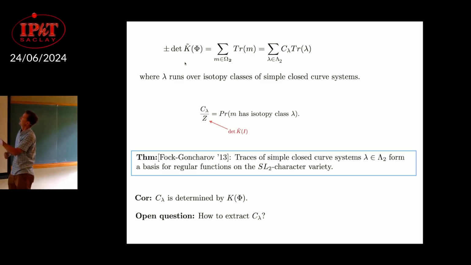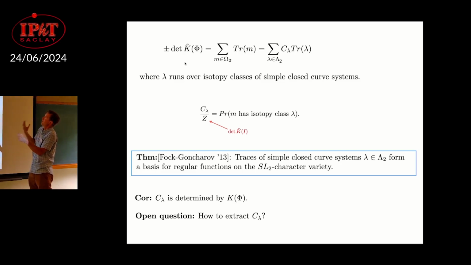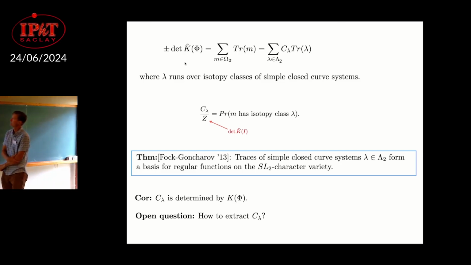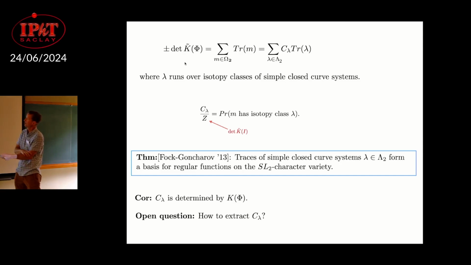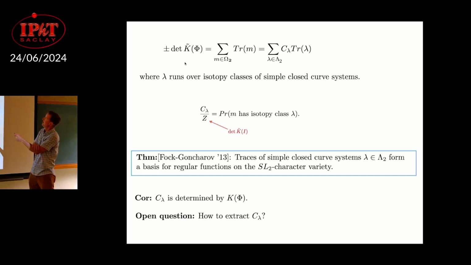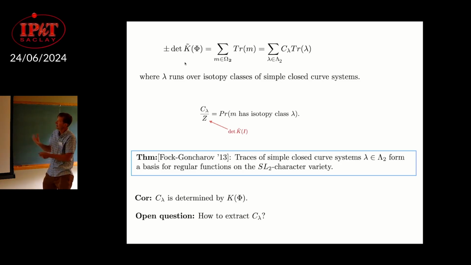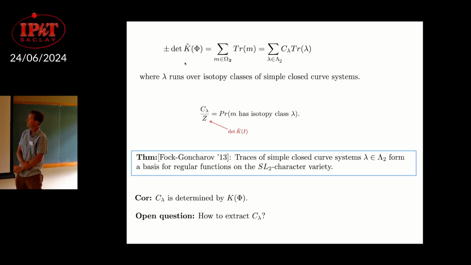And so now we have a new sort of probability measure on the simple closed curve systems, where these coefficients are the relative probabilities. There's a theorem of Fock and Goncharov which says that these trace functions, as you let the connection vary over all flat connections, are a basis for the linear space of regular functions on the set of flat connections.